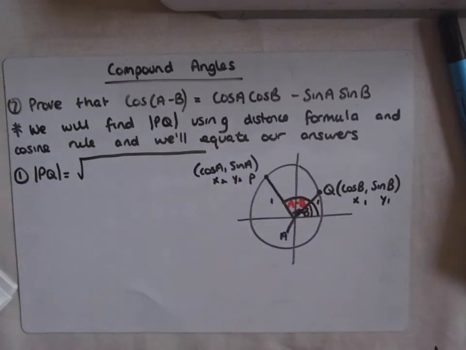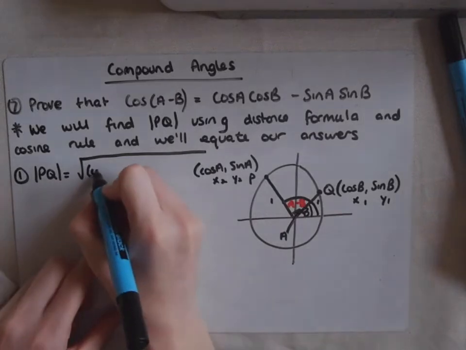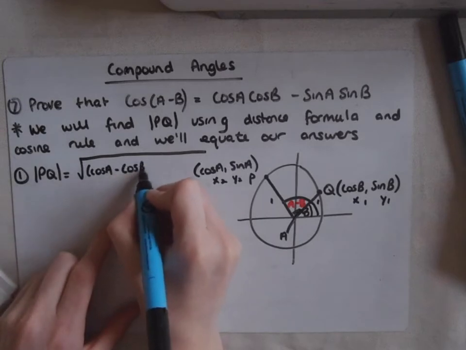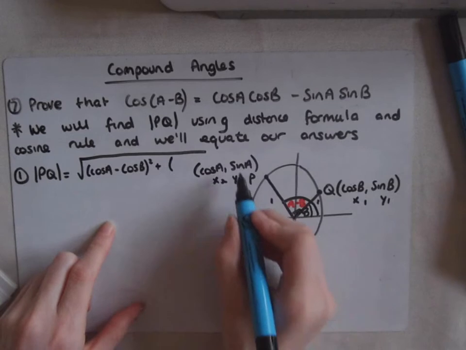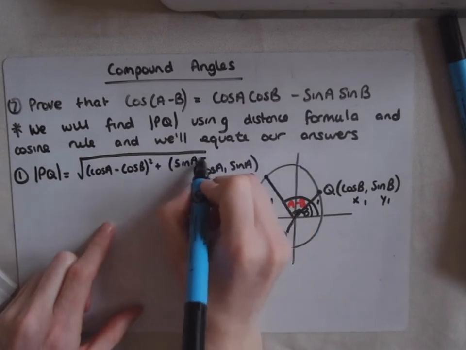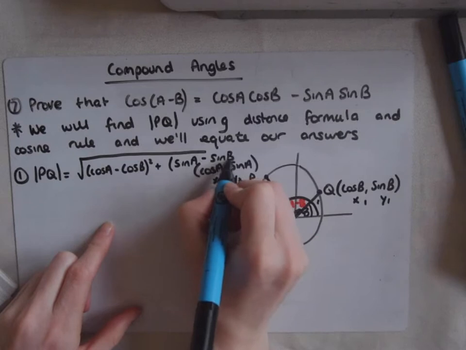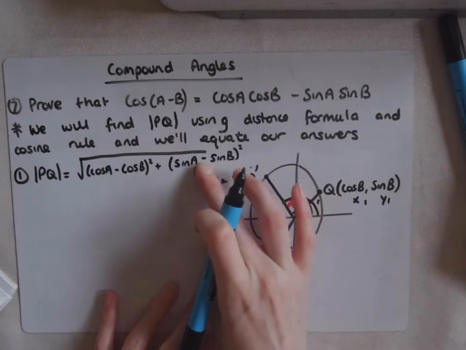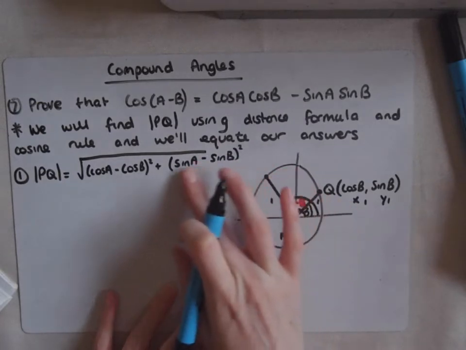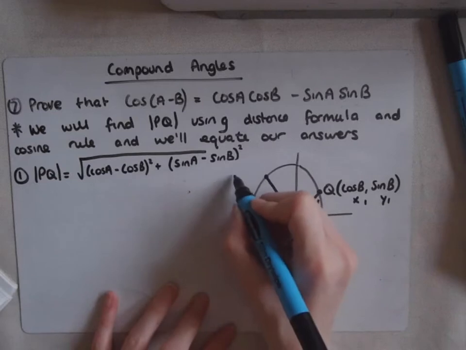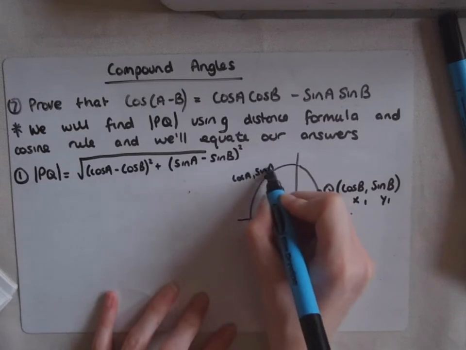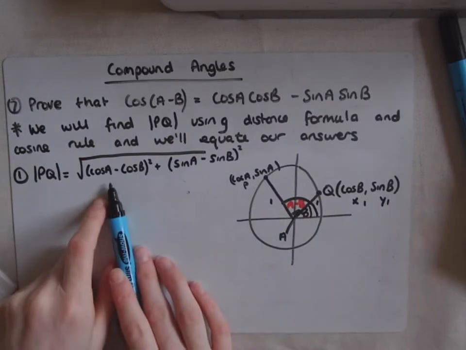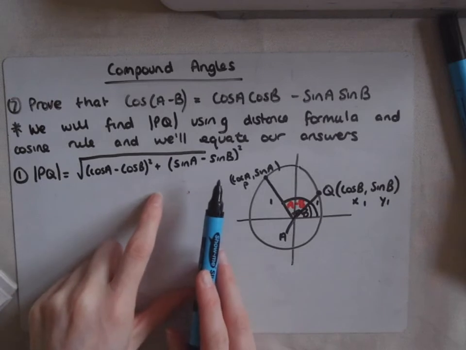So my distance formula is the square root of x2 minus x1, to be squared, plus y2 minus y1, to be squared. Okay, so there's my distance formula.